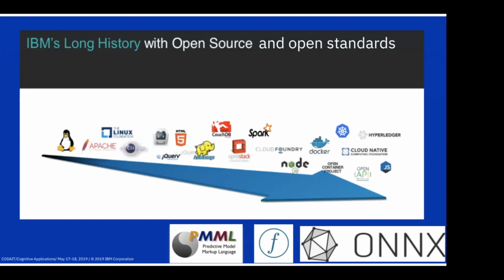A lot of data scientists actually prefer to use open source models. And IBM and myself, and all my colleagues, are a big fan of open source. The reason is that there is a huge community behind open source that contributes to the models every day.